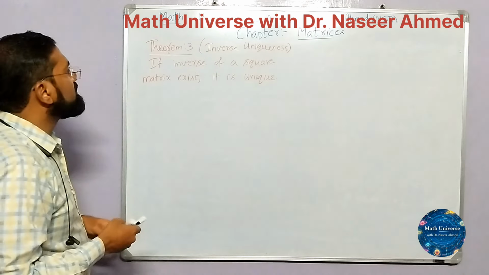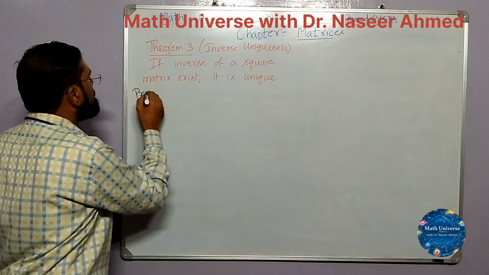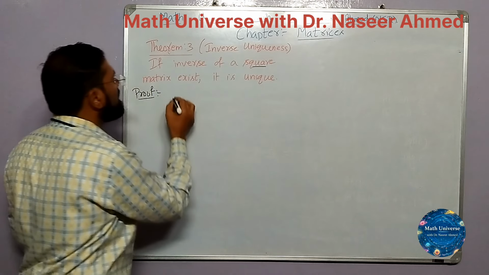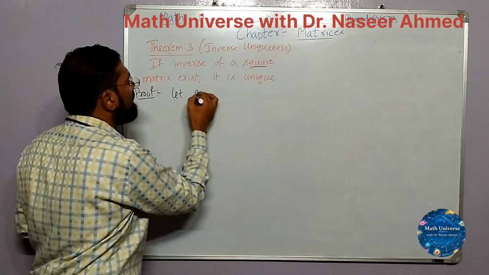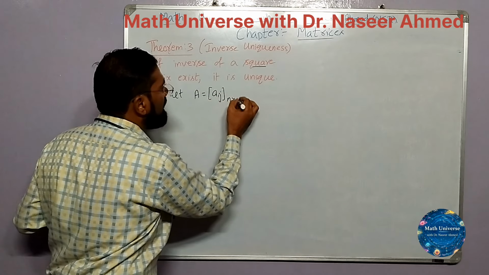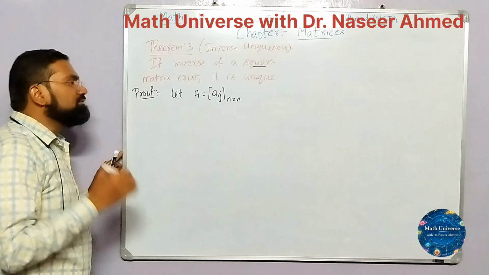Now let us try to prove this theorem. Coming to the proof, first the matrix should be a square matrix. So let A be a square matrix of order n by n. Then we have to prove the inverse is unique.